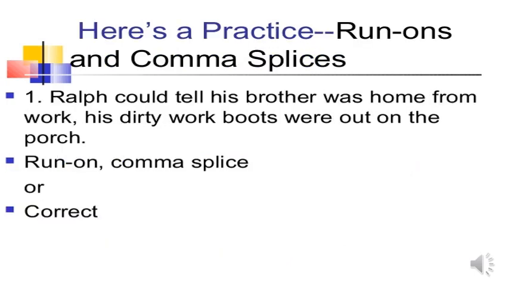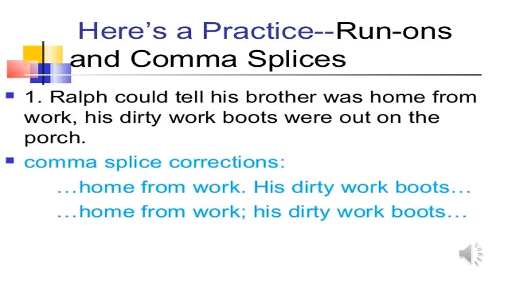Let's read this sentence. Ralph could tell his brother was home from work, his dirty work boots were out on the porch. This sentence is weak because there is a comma splice here.